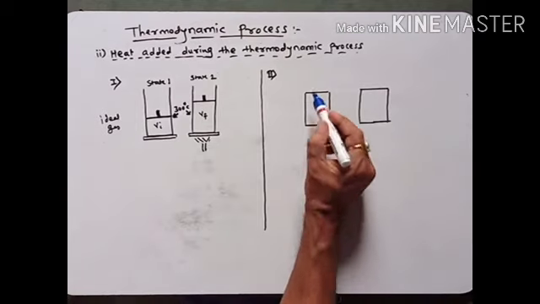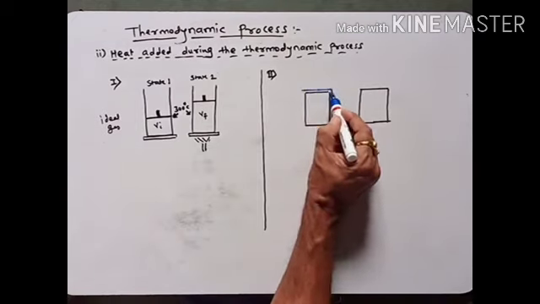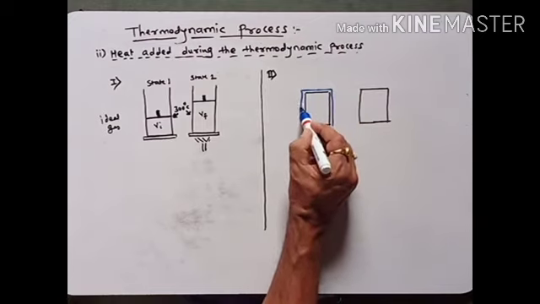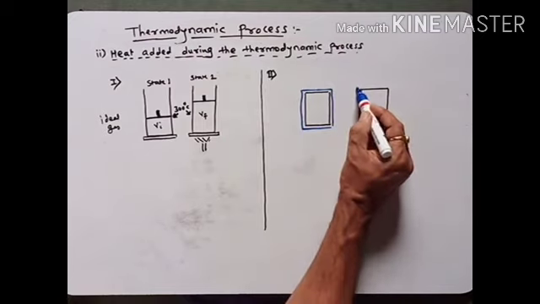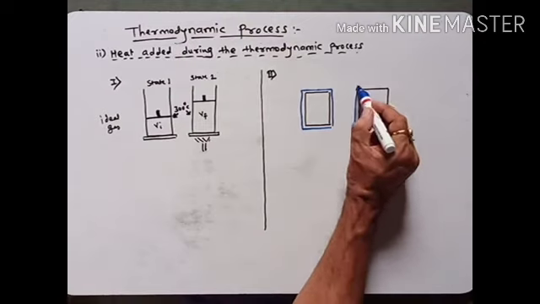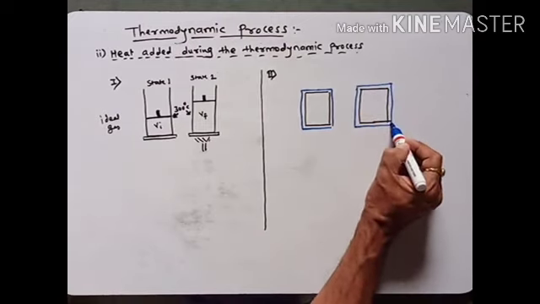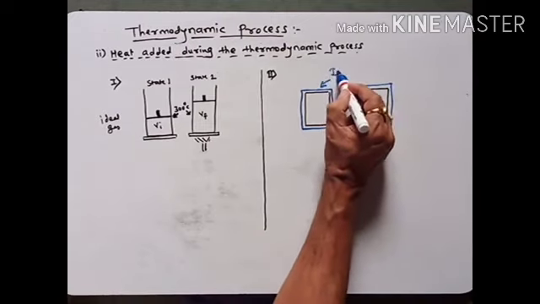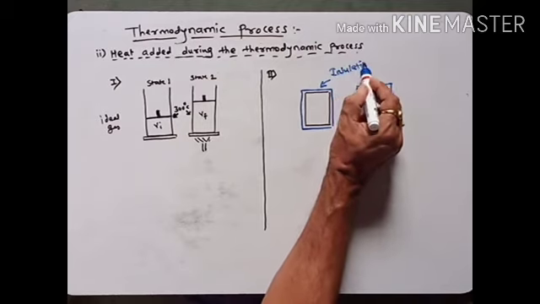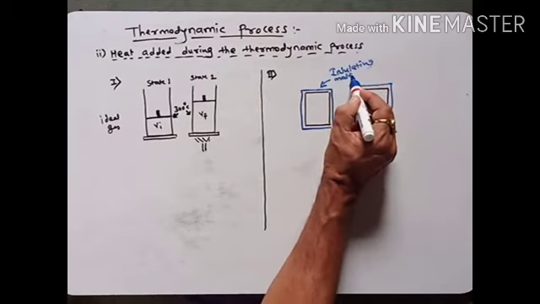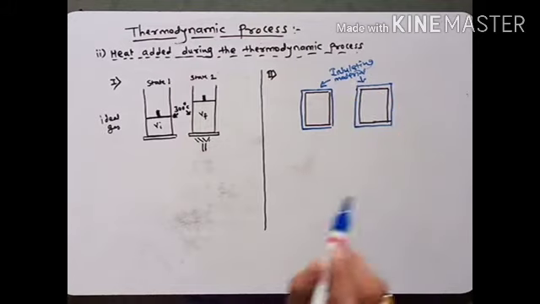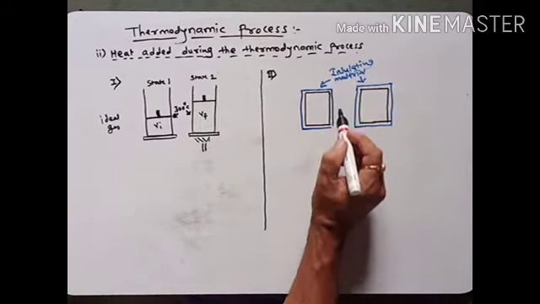Suppose this is the insulating material. That means there is no exchange of heat of the cylinder with the surroundings.